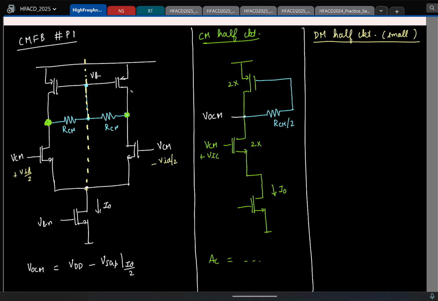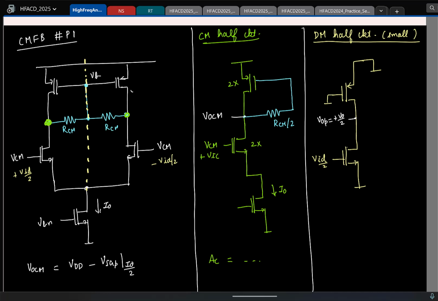So if I draw it, I'll just draw the PMOS and NMOS first. So this is the PMOS and NMOS, done. I apply plus VID by 2, and I can call the positive output, VOP, as plus VO by 2. Now the gate voltage is incrementally short, that's along the line of symmetry.